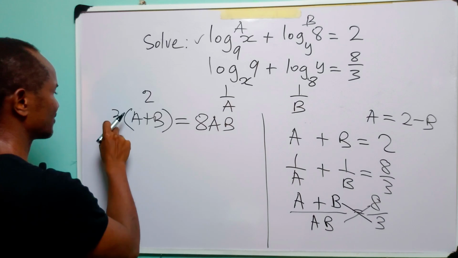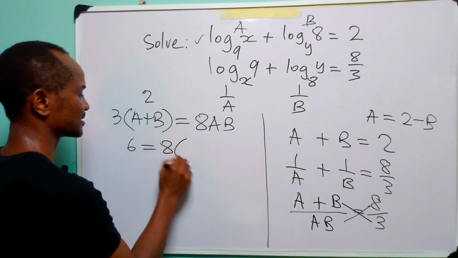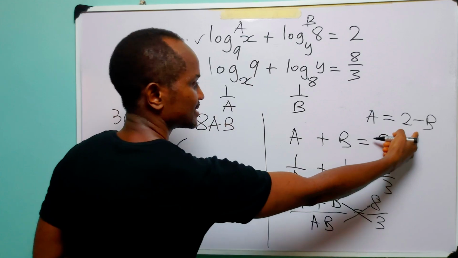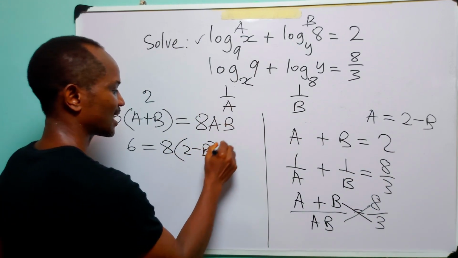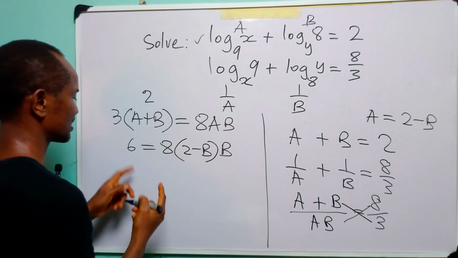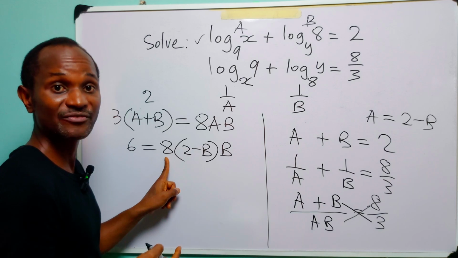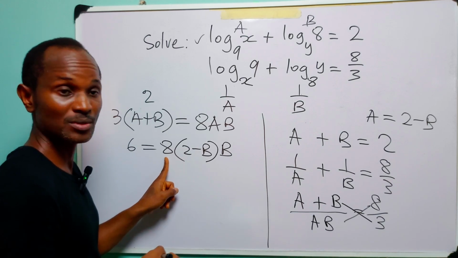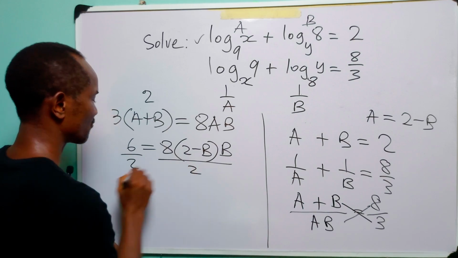So basically what we have is that 3 times 2, which is 6, is equal to 8 into a, which is now 2 minus b, and we have b. The next thing we do is, this is an even number and this is also an even number, so we can divide both sides of the equation by 2.